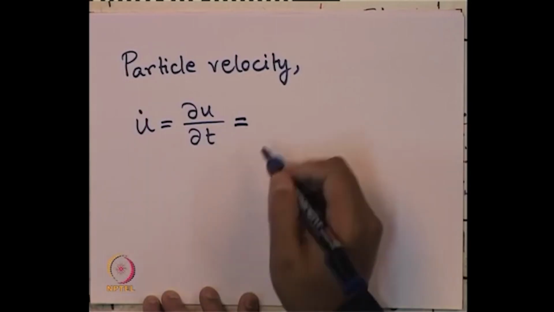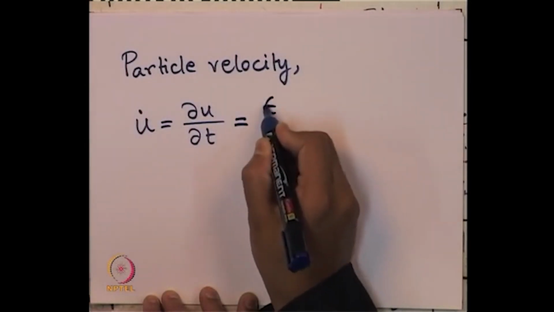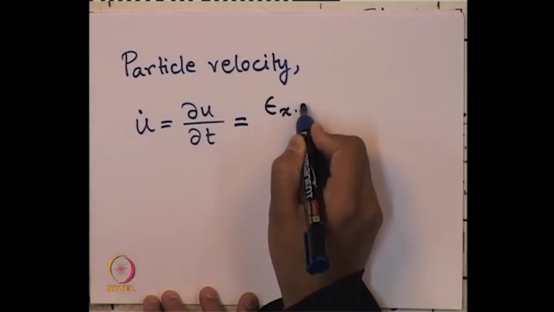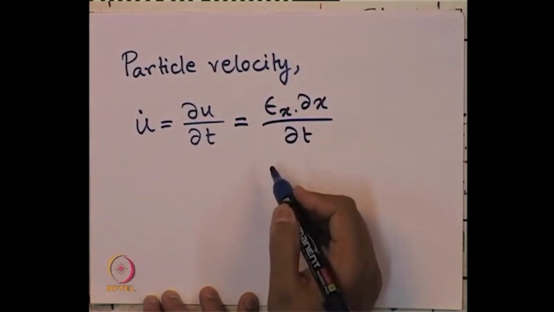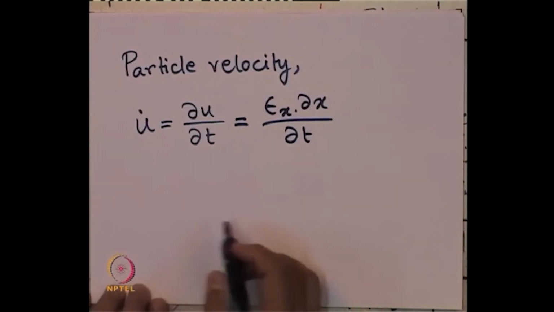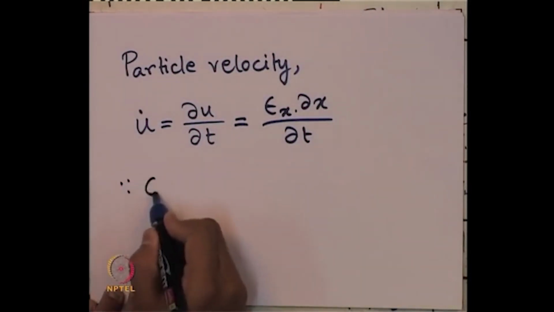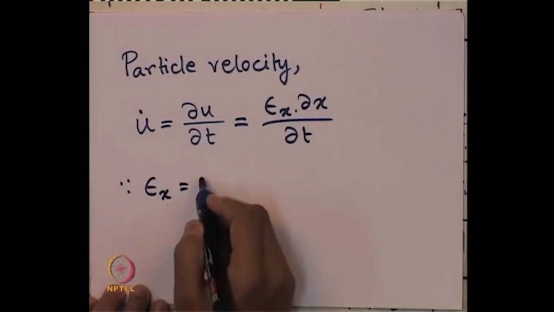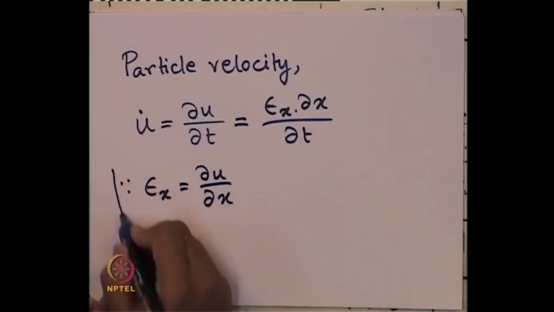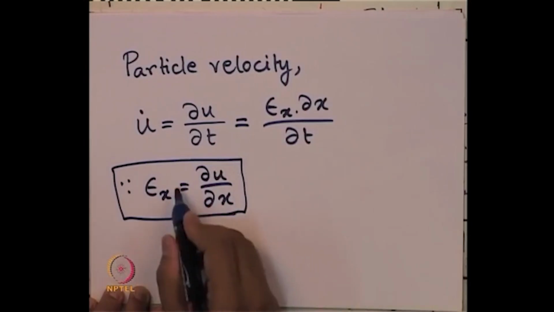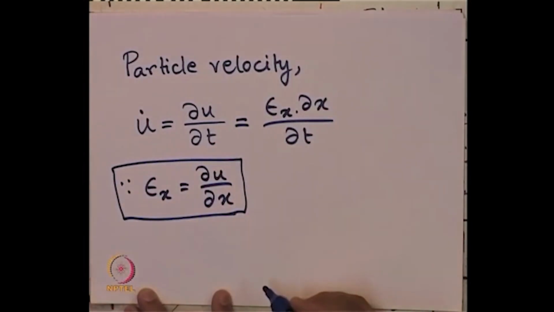If we want to write, it is nothing but this. Am I right? Because earlier we saw how strain is defined, it is del u by del x. Knowing this, I can put it like this.